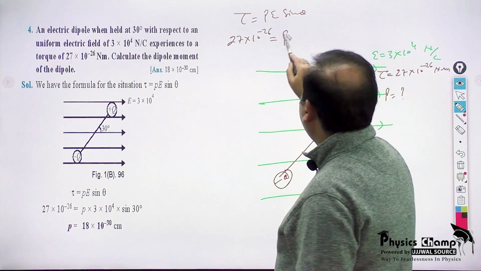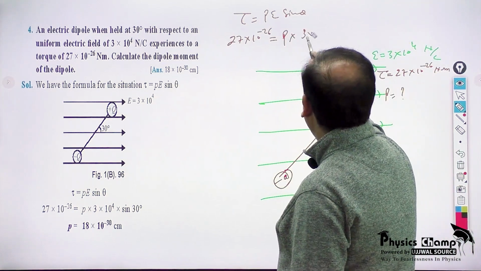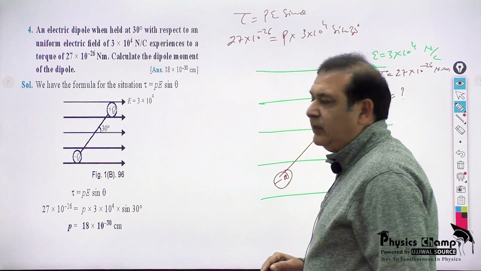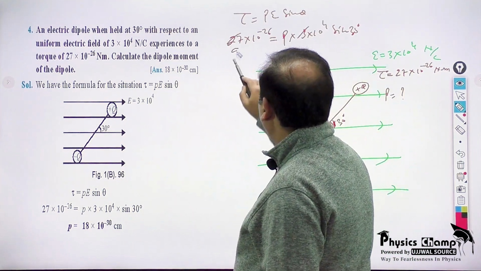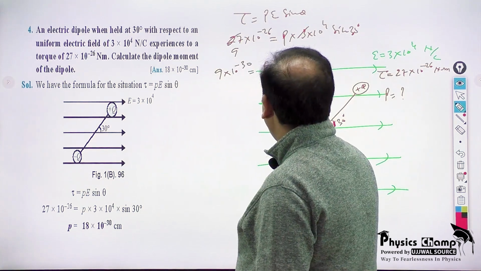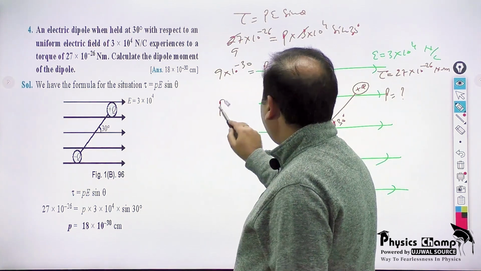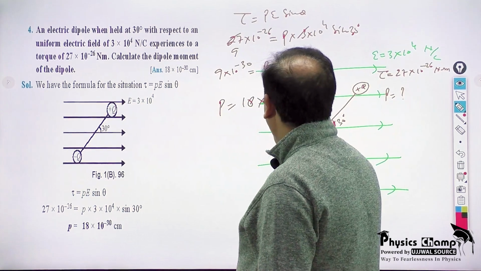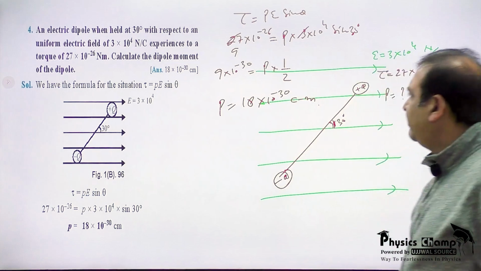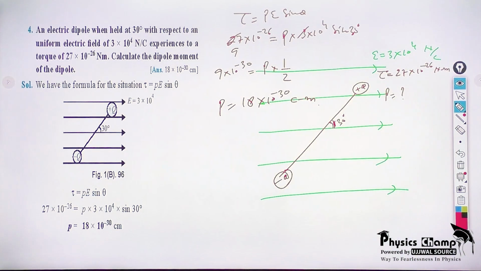Dipole moment P is required. Electric field is 3 into 10 to the power 4 and sine 30. So you are getting 9 into 10 to the power minus 30 is equal to P into 1 by 2. So the dipole moment is 18 into 10 to the power minus 30 Coulomb meter. Straight question on the concept you learned.